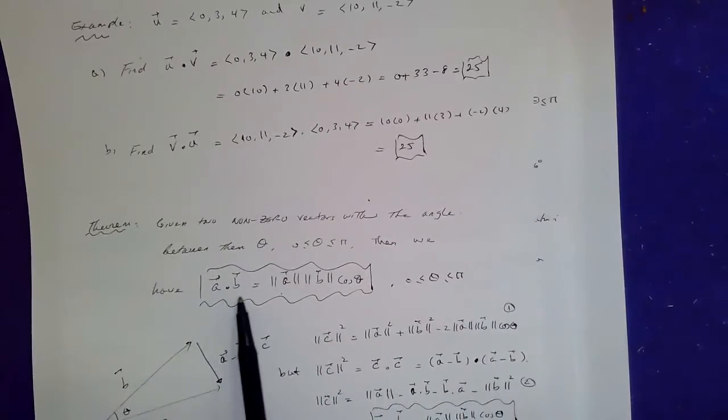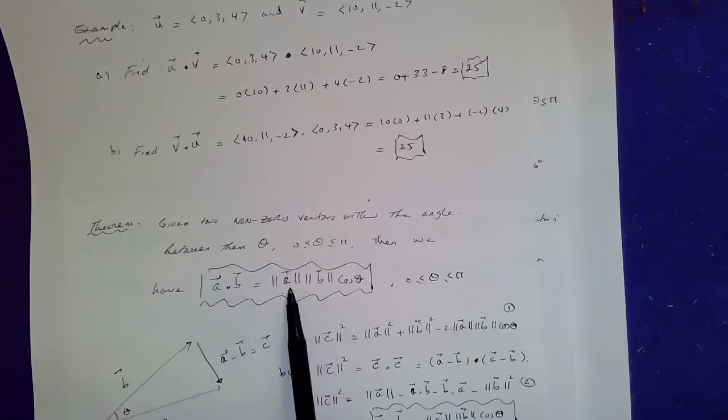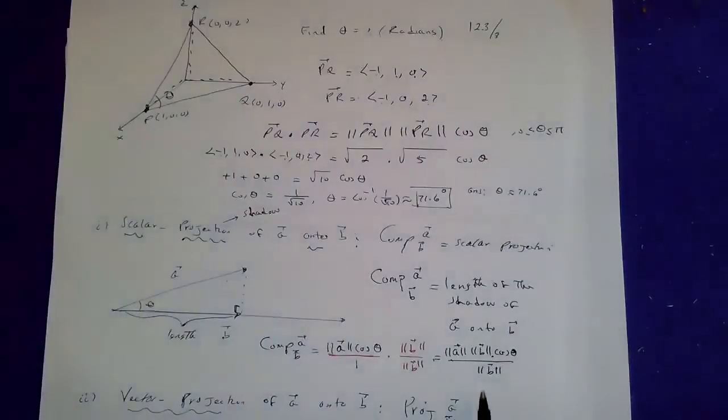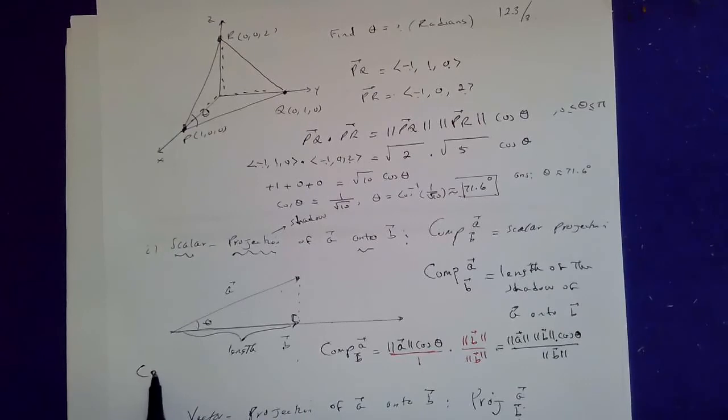Remember the theorem: the dot product of A and B is the magnitude of A times the magnitude of B times the cosine of theta. And that's what this is. So I can now tell what?